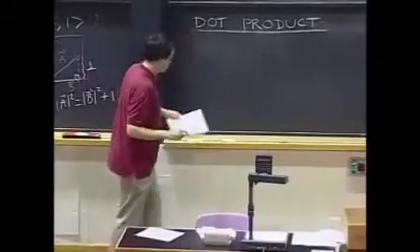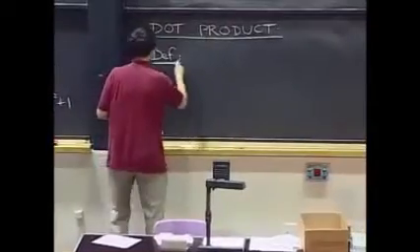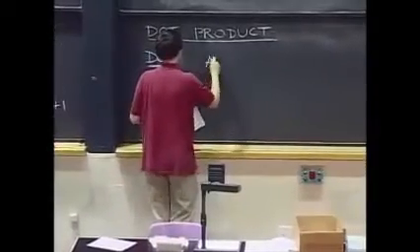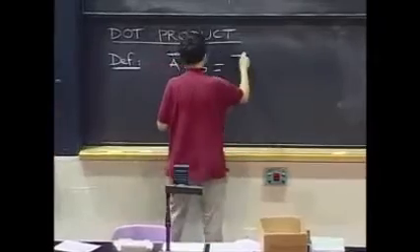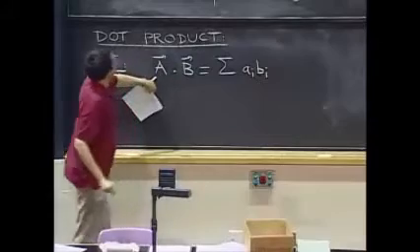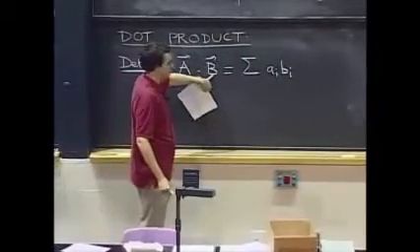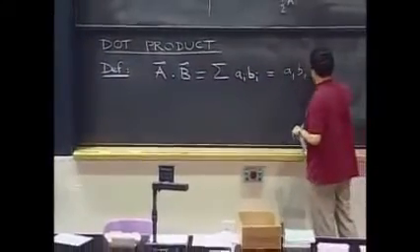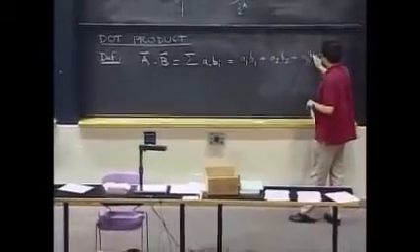So what is dot product? Well, dot product is a way of multiplying two vectors to get a number, a scalar. Let me start by giving you a definition in terms of components. Let's say that we have a vector A with components A1, A2, A3, and a vector B with components B1, B2, B3. Well, we multiply the first component by the first component, the second by the second, the third by the third.